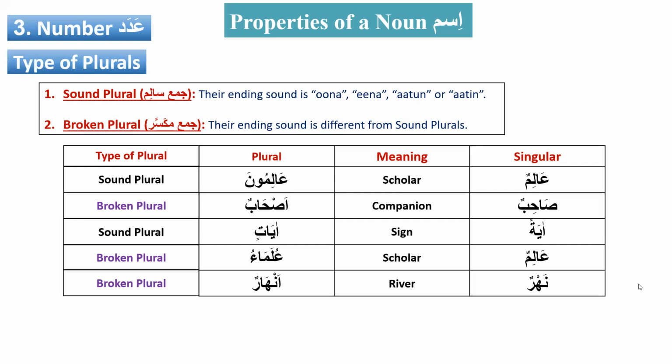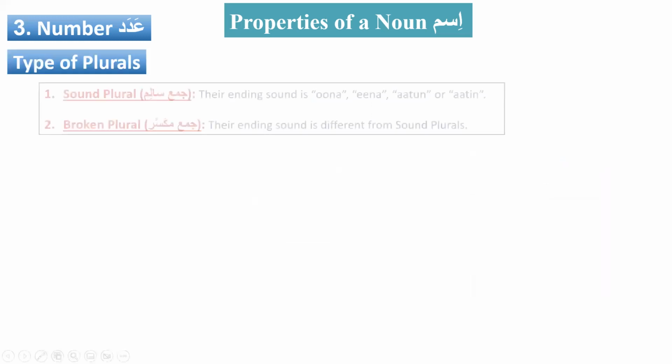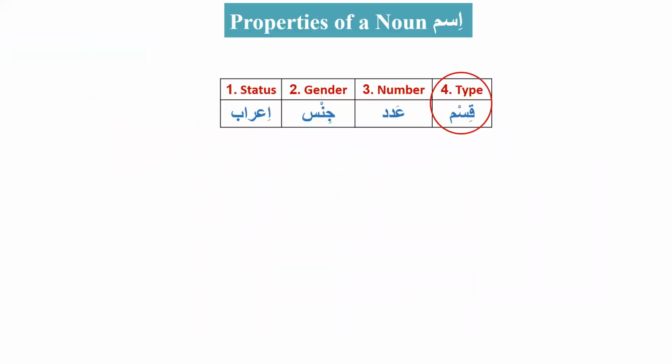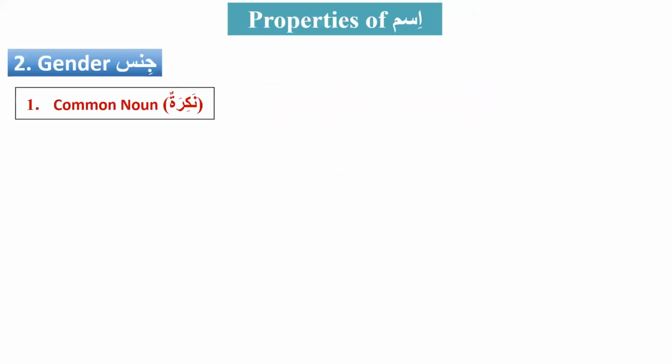So we are done with number. I will not go through this table. We are starting the last property of ism, and that is type. In Arabic, it is called qism. It will be an introduction to it.